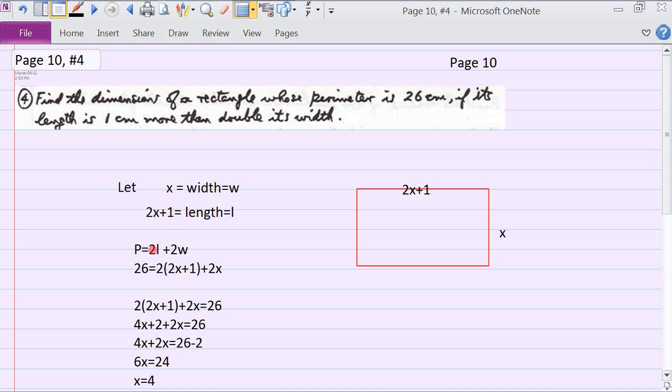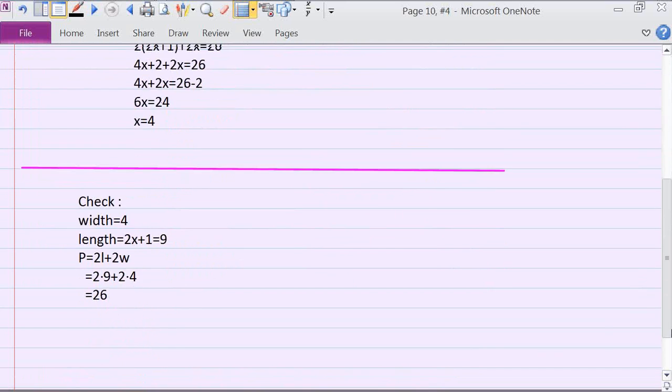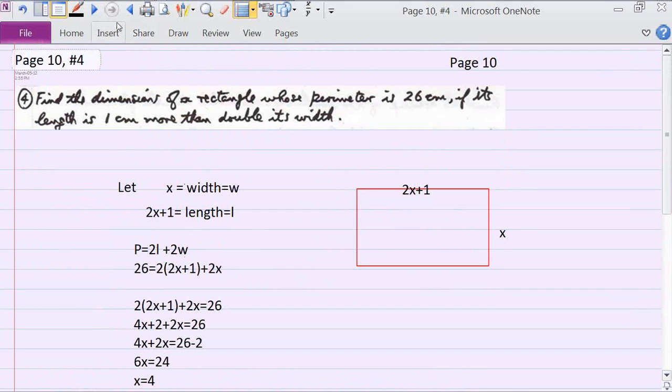The perimeter is twice the length plus twice the width. We substitute for the length, so everything is in terms of x here. Both the length and the width are in terms of x. And then it's just a matter of solving the equation and verifying the answer.